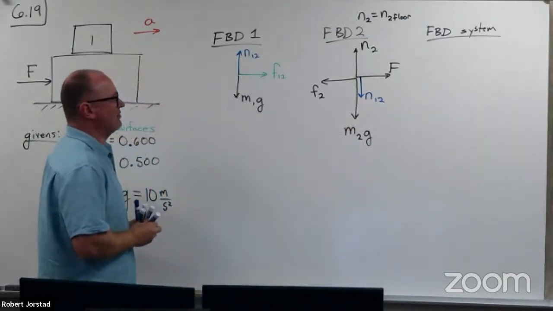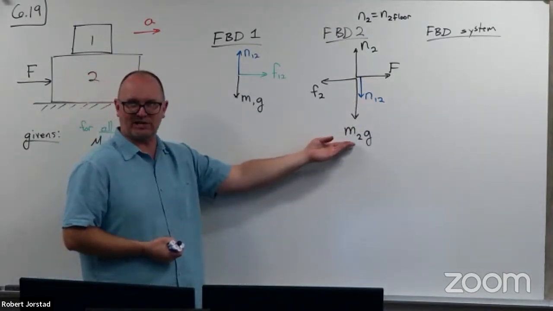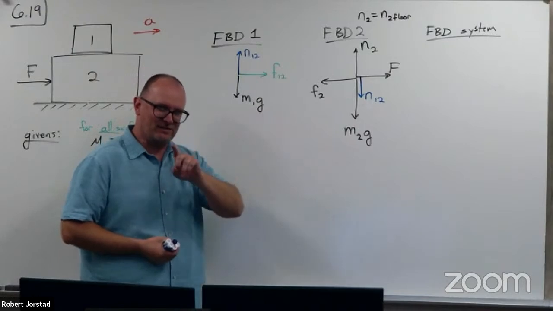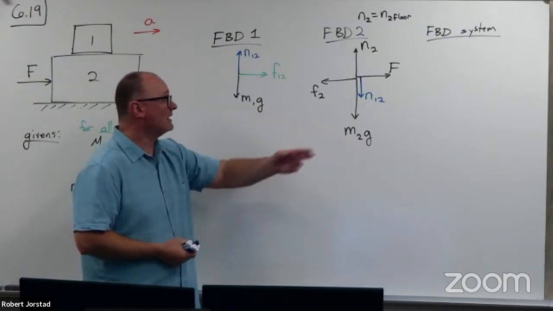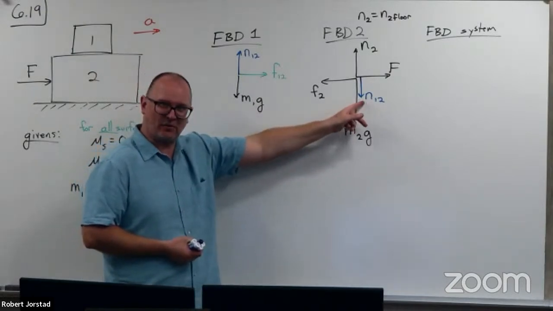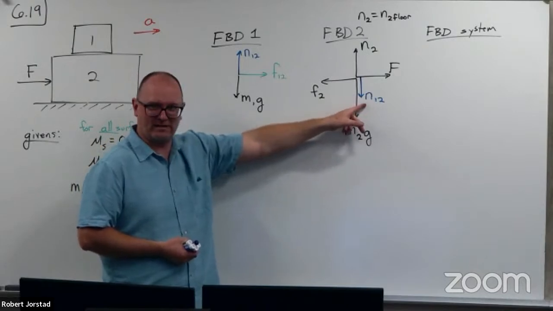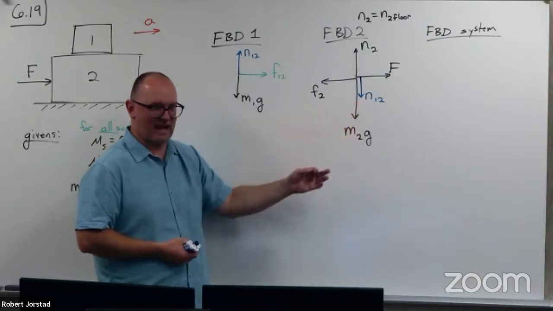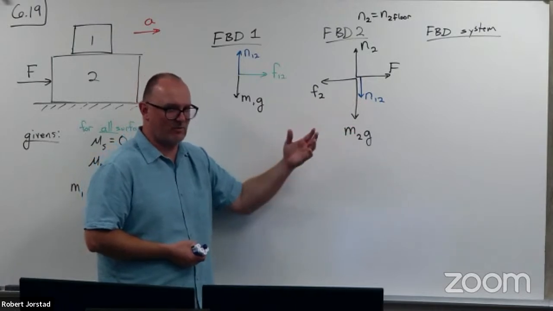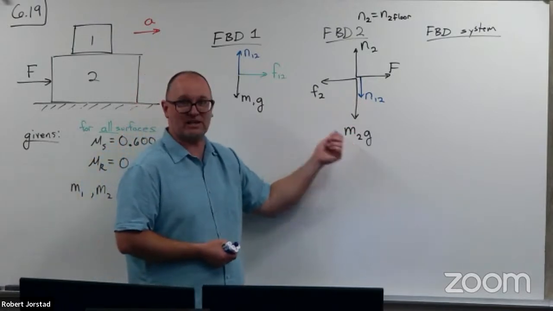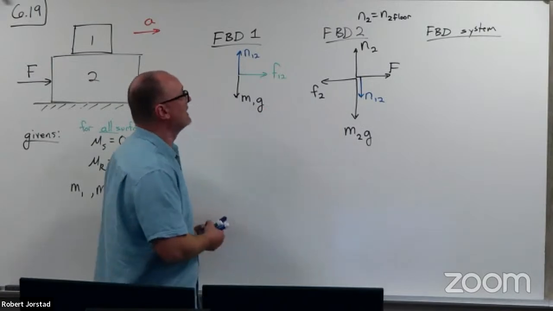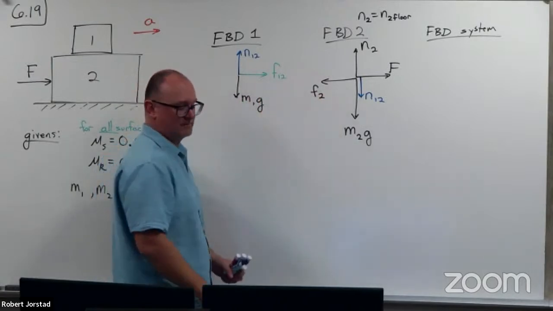Now, a lot of you are saying, why can't I just say M total G here? In this one case, you can. However, isn't this taking care of that for you? This is the right way to do it. Do not just get in that head. I know from experience, every once in a while, students will write M total G and it's wrong. However, it is a normal force down.